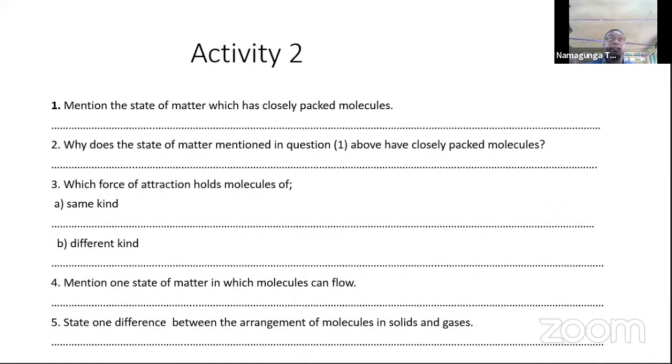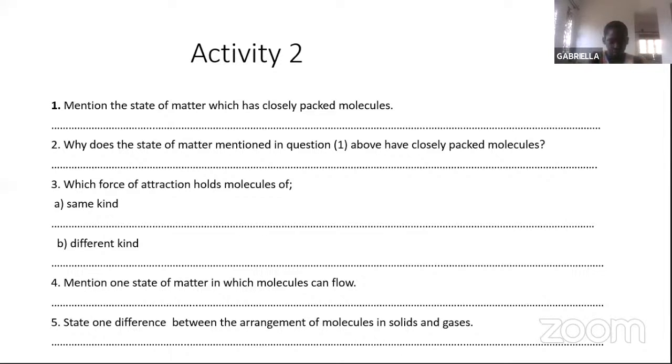Number 5, I request Gabriela. Teacher, please, can you read? State one difference between the arrangement of molecules in solids and gases.